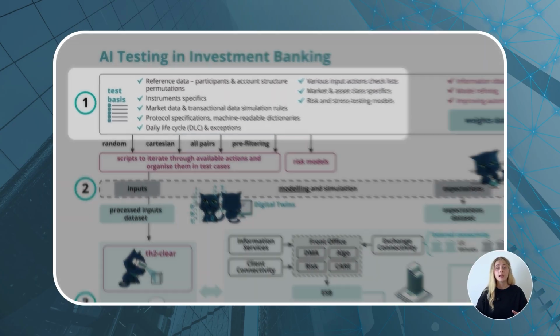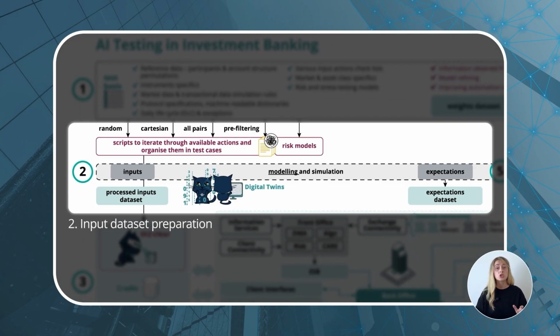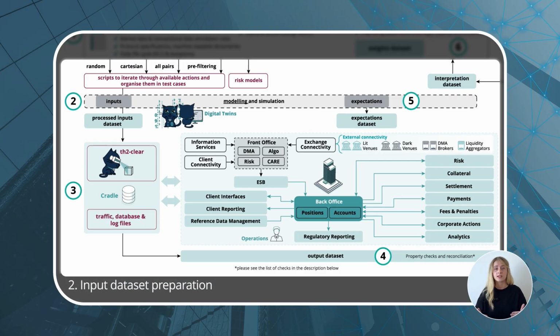Let's briefly outline the goals of each testing step. Step 1 is test basis analysis. It's where we analyze all input data to shape the input dataset. In step 2, we shape the input dataset to be used in generating tests, an expected outcomes dataset to be used for test generation by our core digital model of the system under test, and further reconciliation of the expected and received results.